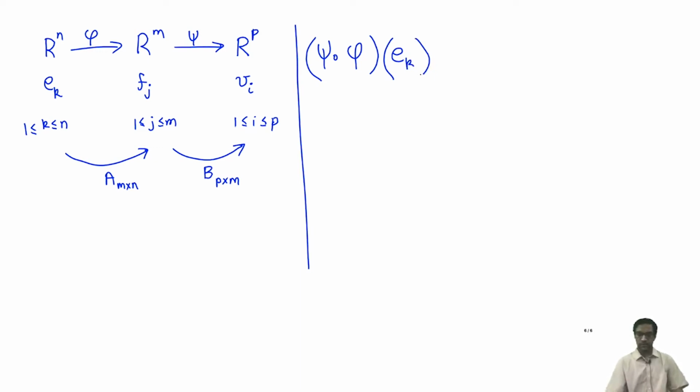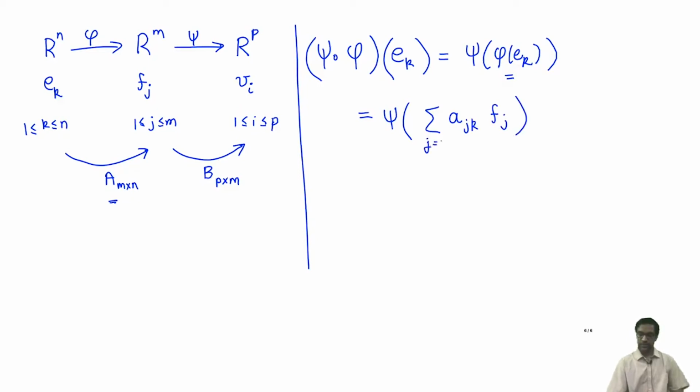So I need to compute the value on e_k. Let's just do that. That is just psi evaluated on phi of e_k. Now, I'm given that this matrix is A. That means I know what phi of e_k is. This is just psi of the summation A_jk f_j.